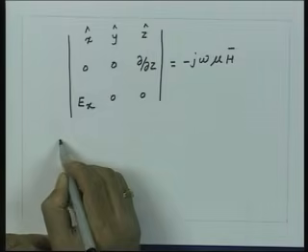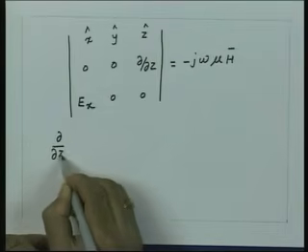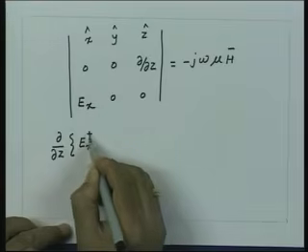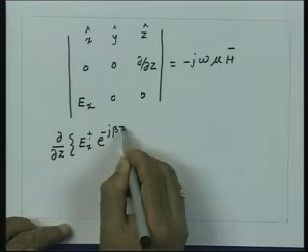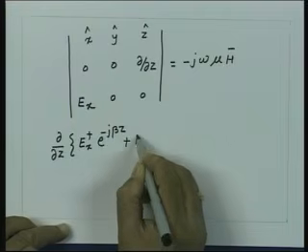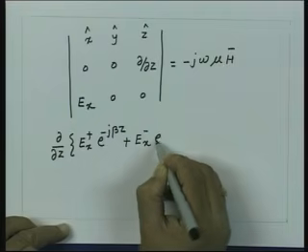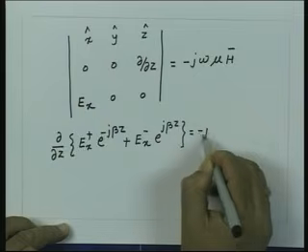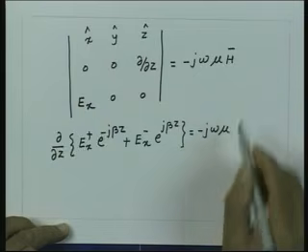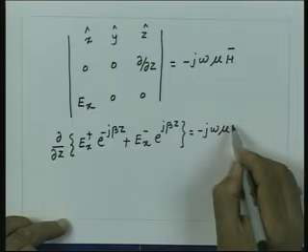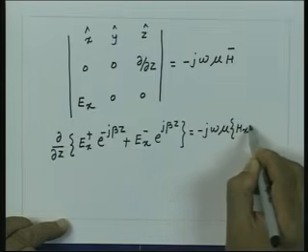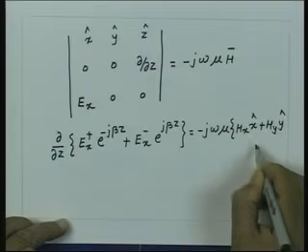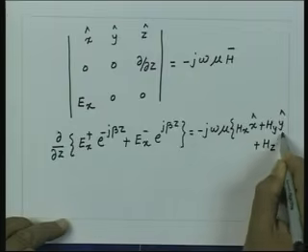So, this will be d by dz of Ex, which is Ex plus e to the power minus j beta z plus Ex minus e to the power j beta z, that is equal to minus j omega mu times the components of the magnetic field, Hx x plus Hy y plus Hz z.